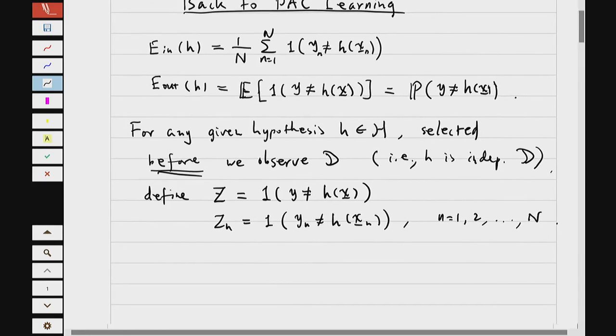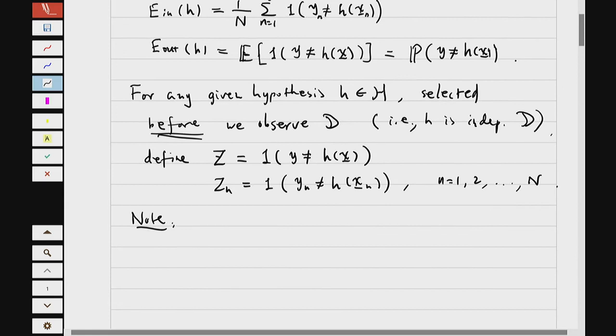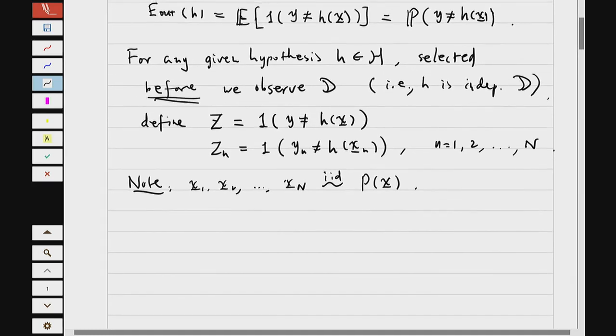Then we have an independent sequence of Bernoulli random variables. Why is that? Because these data points were chosen independently. x1, x2, all the way to xn, are chosen IID from the distribution P of x. That is our setup to begin with for PAC learning.